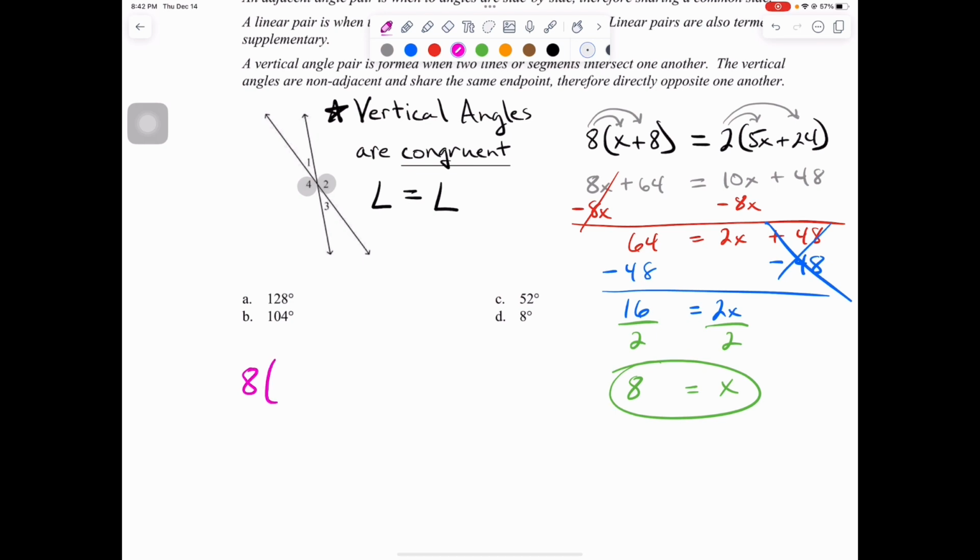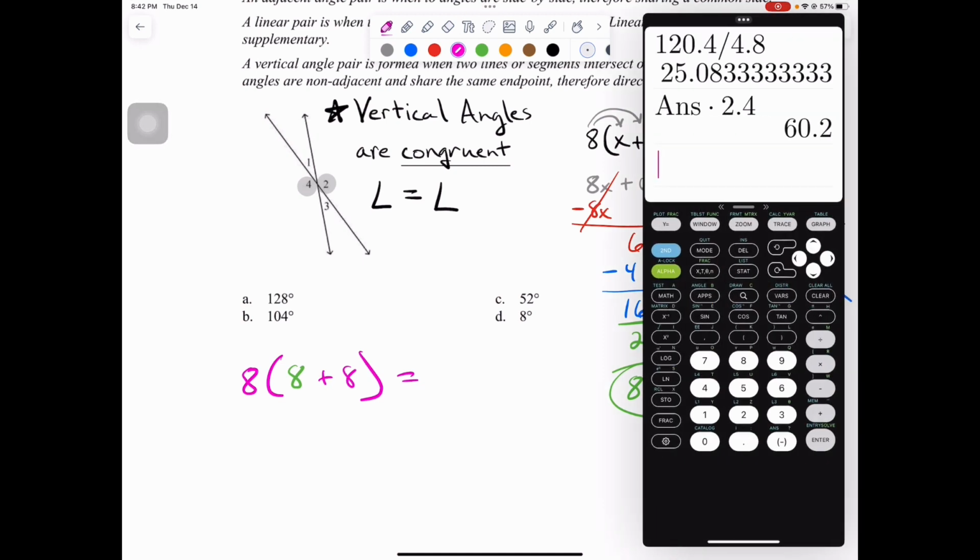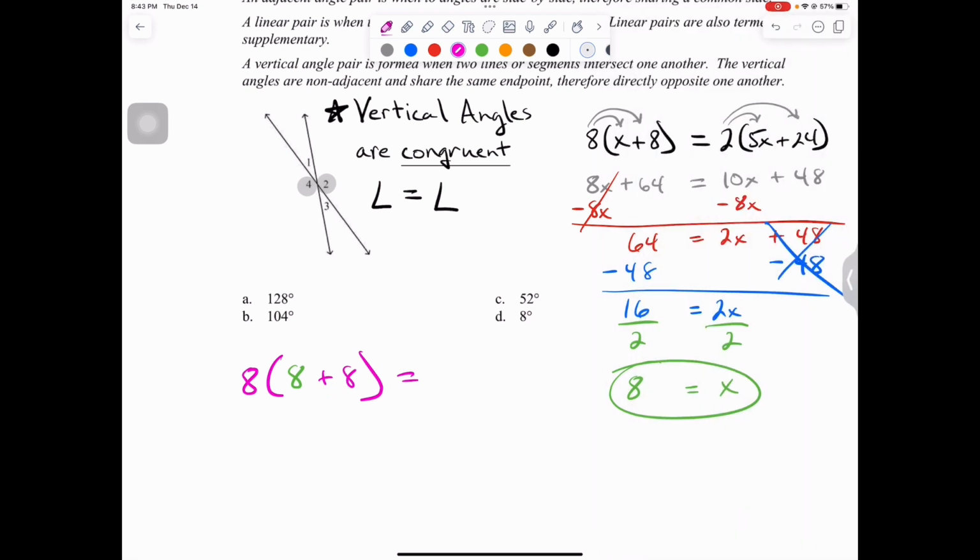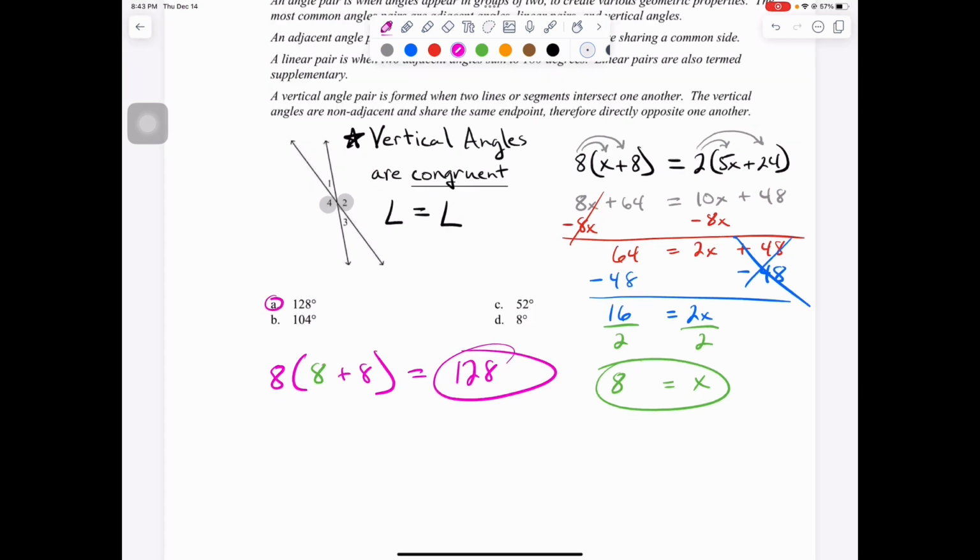We open a parenthesis, we drop our other 8 in there, and then it says plus 8. Because it was 8x plus 8, we know what our x is. Equals, we can put that into a calculator: 8, open parenthesis, 8 plus 8, close, enter, equals 128 degrees. Go ahead and circle A as your answer choice.